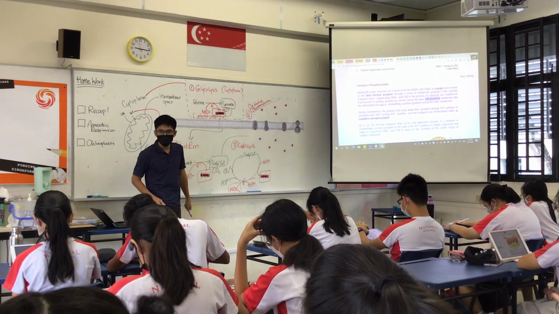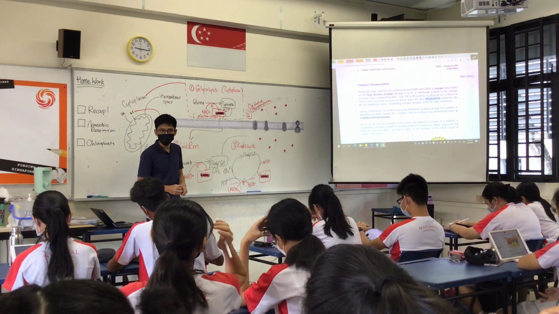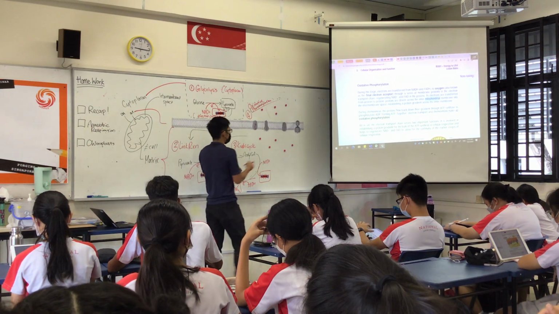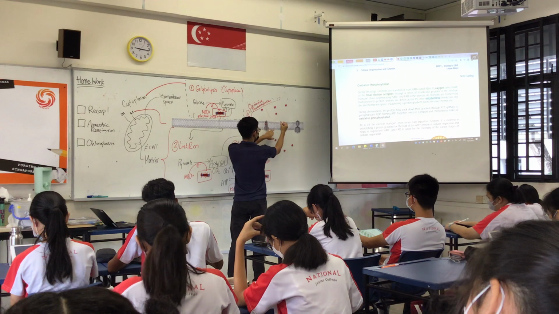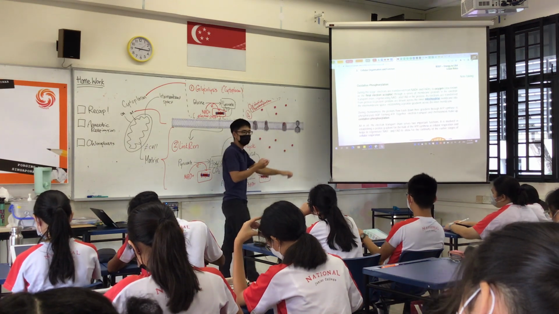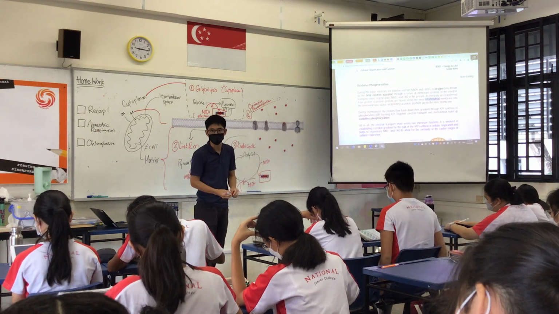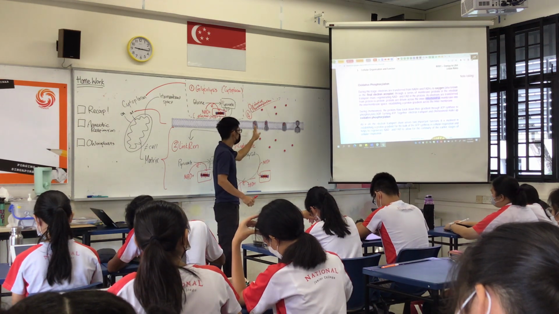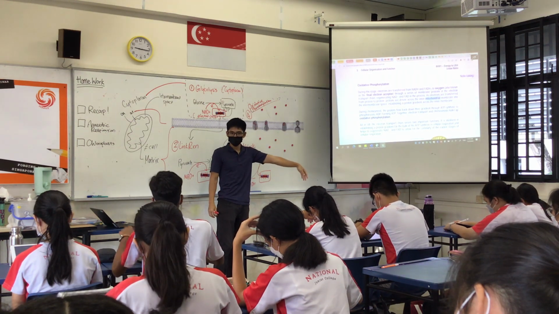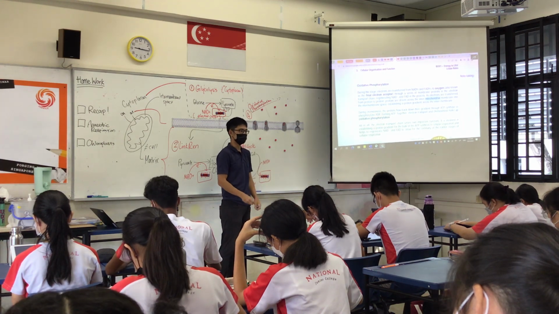Okay. First, you may be wondering, what is the electron transport chain? Electron transport chain refers to all the proteins here. 1, 2, 3. These are proteins of the electron transport chain. We call it electron transport chain because it is a chain of proteins that transport electrons.